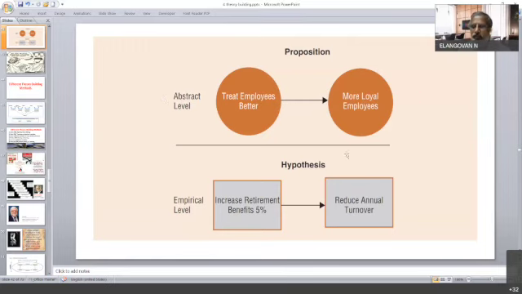But a hypothesis gives the relationship at the measurable level, or the empirical level. So in your thesis or paper, when you write a hypothesis, whatever variable you put in the hypothesis has to be measured directly.